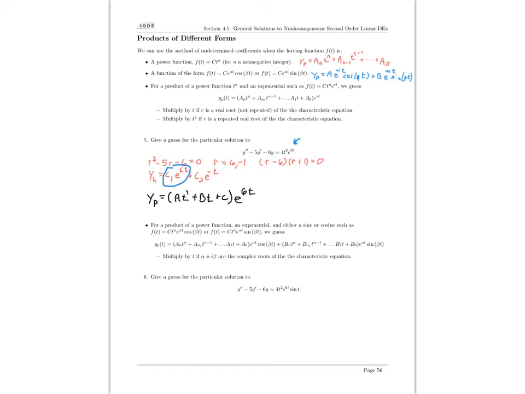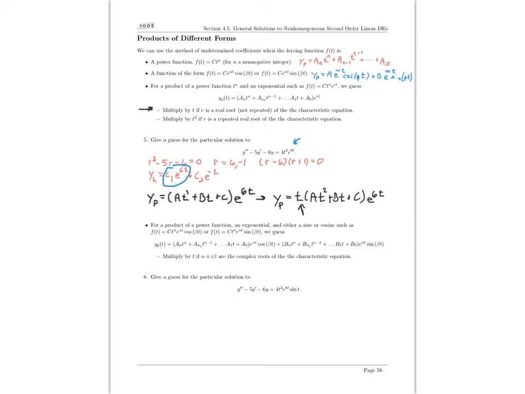But because we have resonance, we need to multiply by another power of t. So in fact, my particular solution should be y_p is equal to t times (a t squared plus b t plus c) all times e to the 6t. Because of the resonance, we would need to include that extra term there.